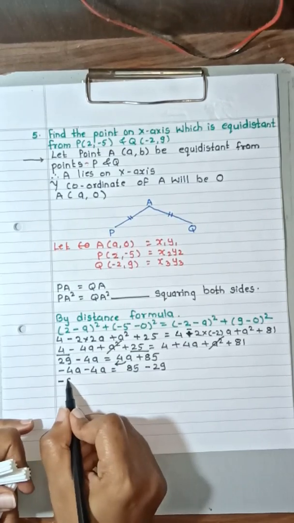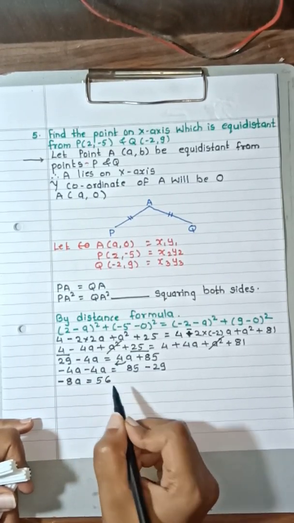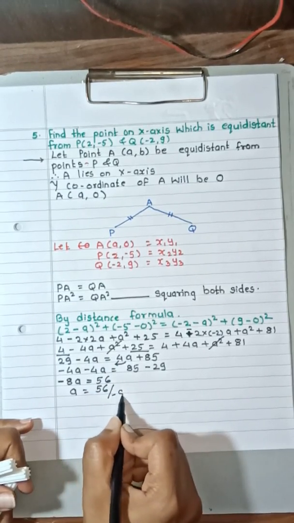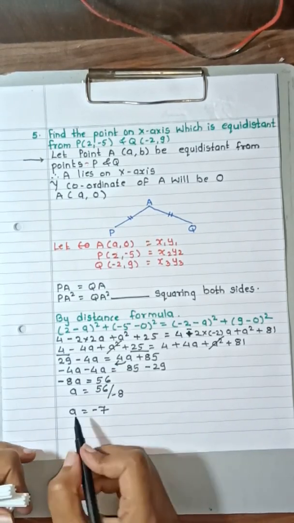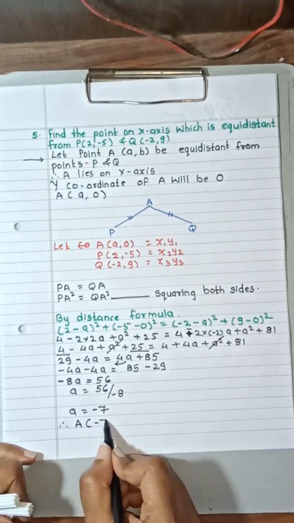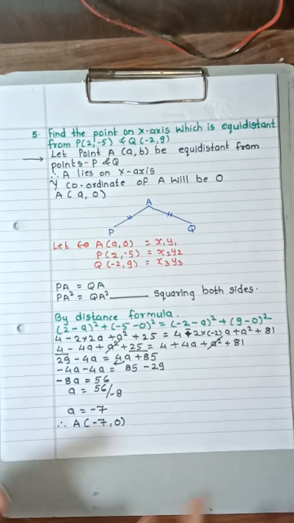Okay, minus 8a is equal to 56. Okay, therefore a is equal to 56 upon minus 8. Therefore a is equal to minus 7, and therefore you can write down here, coordinates of A are (-7, 0). Okay, in this way we have completed question number 5.